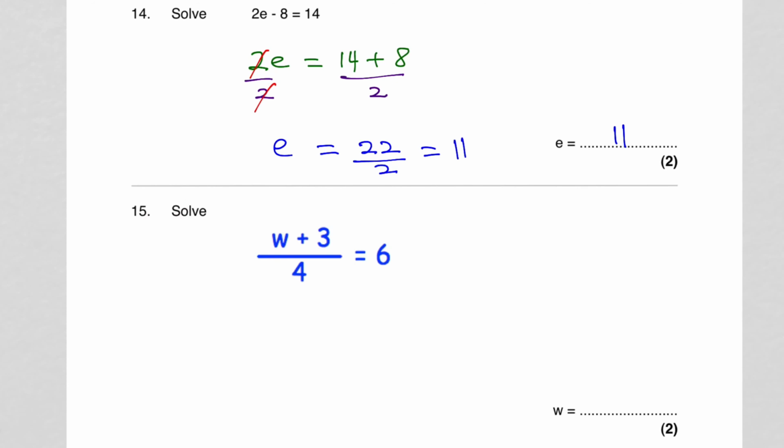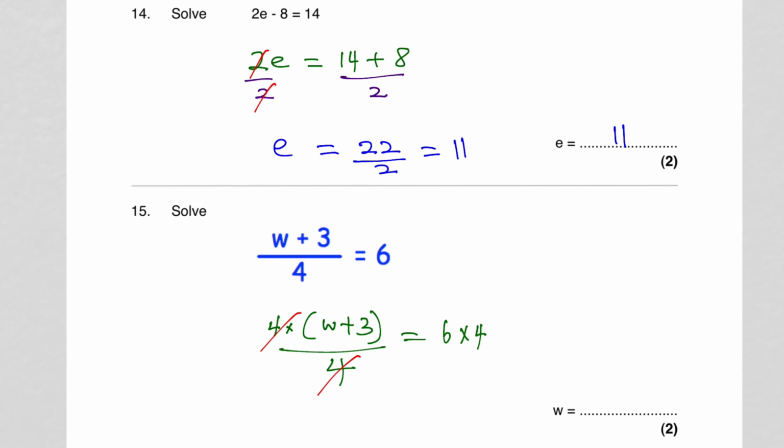Question 15. We need to solve w plus 3 divided by 4 equals 6. Multiply both sides by 4 and cancel out that 4 in the denominator. So let's give it a try. I get 4 times, open bracket, w plus 3 divided by 4, equals 6 times 4. So now I can see that 4 will cancel that 4.